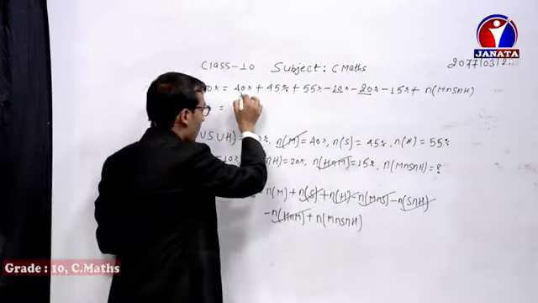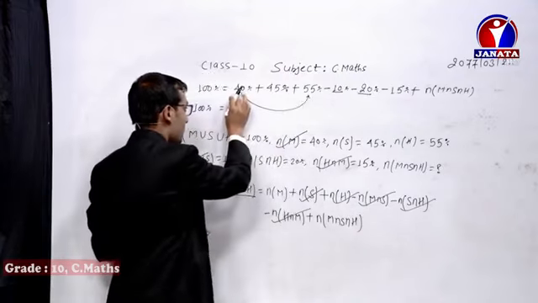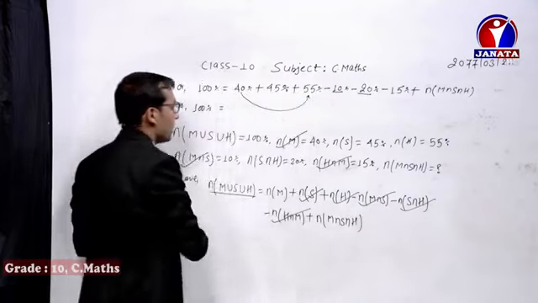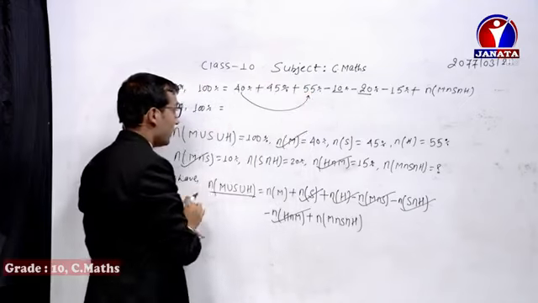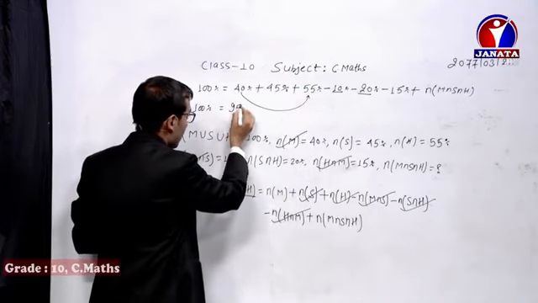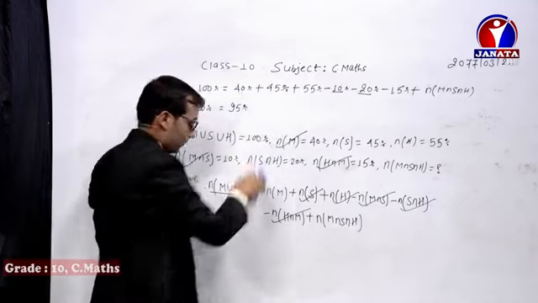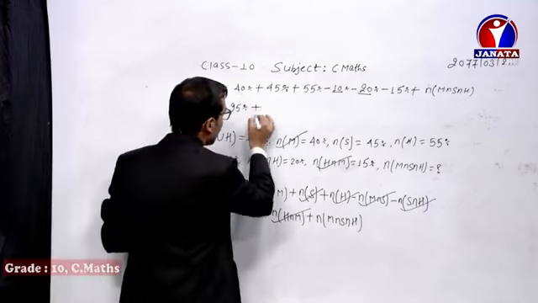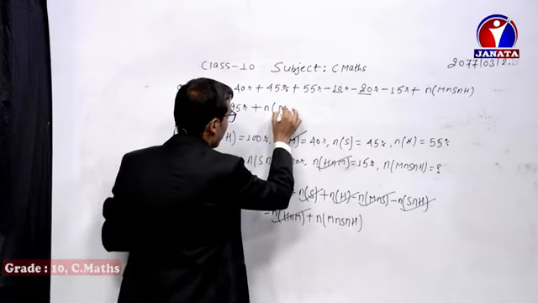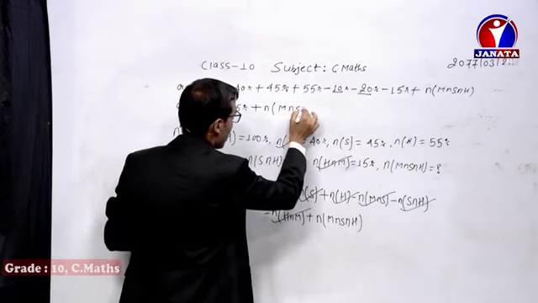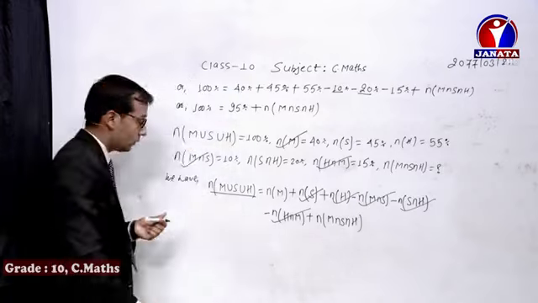So the terms left are only 40% plus 55%. So what is 55 plus 40? It is 95%, plus N of math intersection science intersection H.